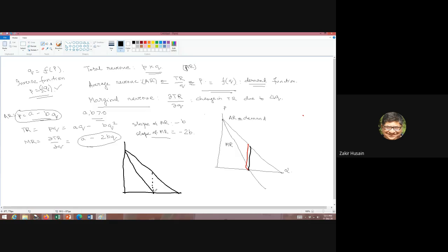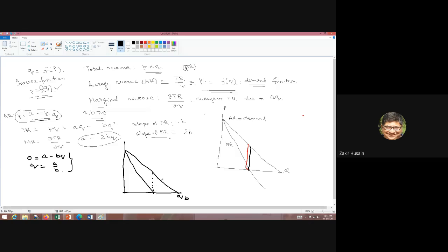Okay. Now, what is price over here? It is P equal to 0. So that means a minus bq equals 0. What is Q over here? A by B. So this is A by B.